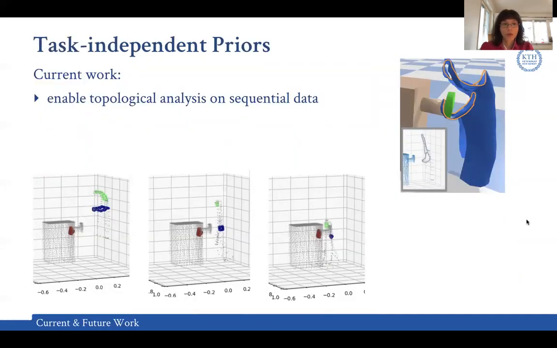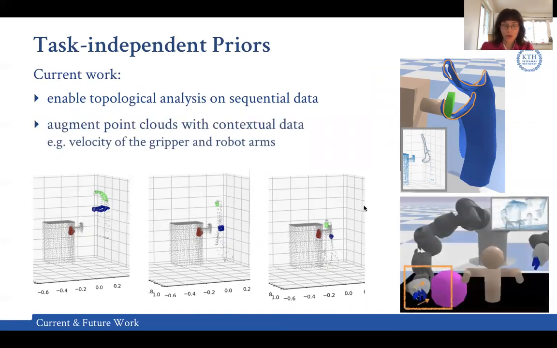First of all, we can enable topological data analysis on sequential data. We are currently working on these techniques, where you can track some topological features through time. This is our extension, and we'd be able to say how you would like these topological features to appear more generally.